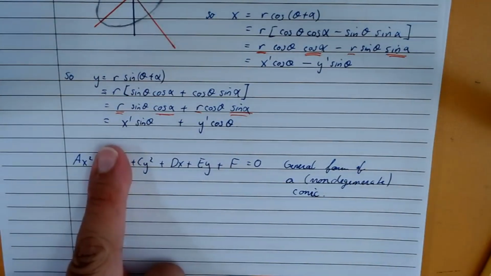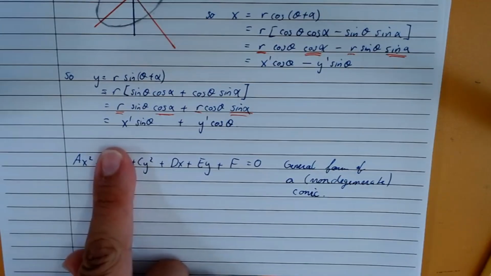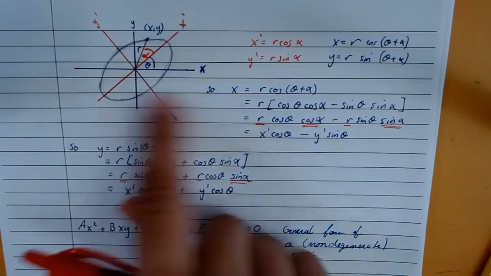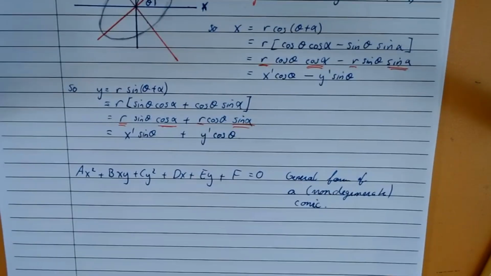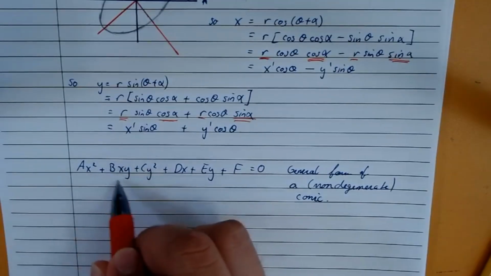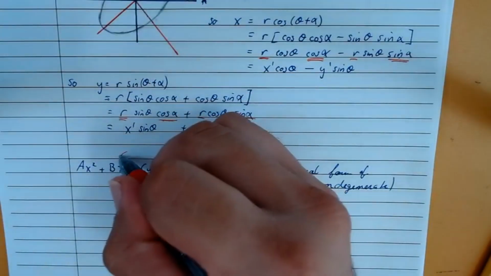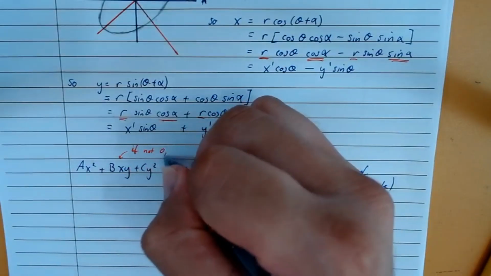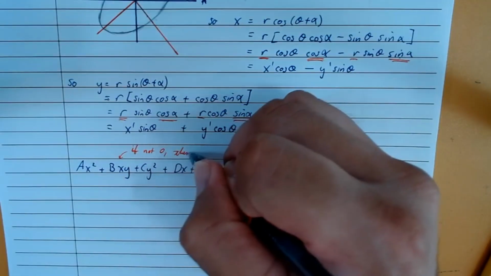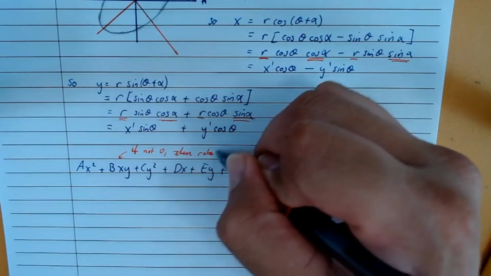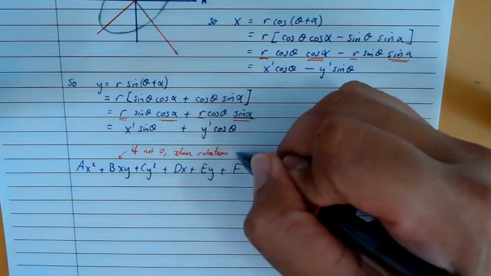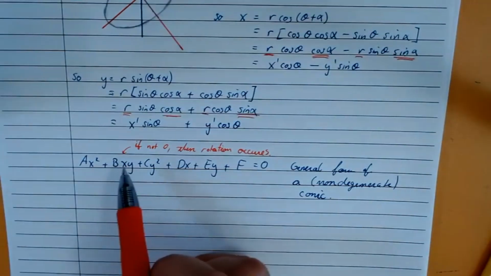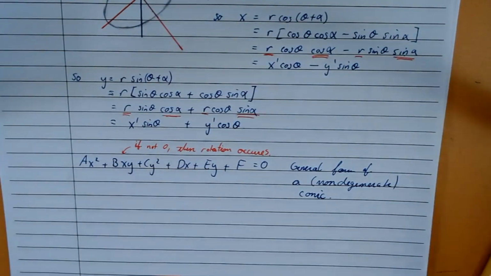If this is not there, there's no rotation. It's a standard conic where one of your axes lines up either with the x-axis or the y-axis. When this one appears, that's the one that tells you rotation has occurred. If this is not 0, then rotation occurs. Okay? Not only does it tell you that rotation occurs, it tells you how much rotation.